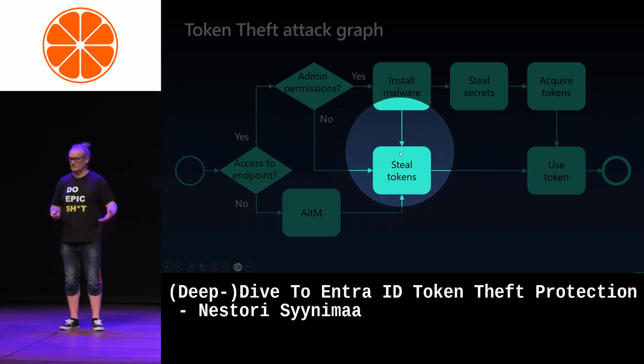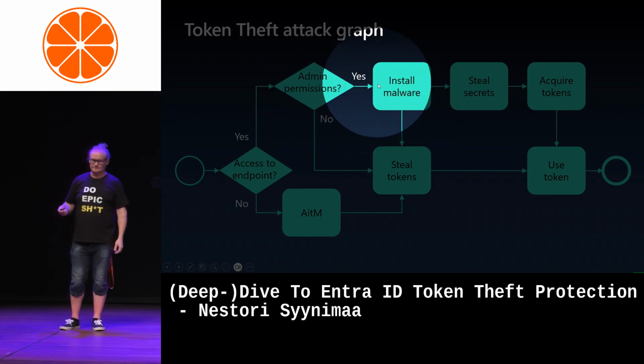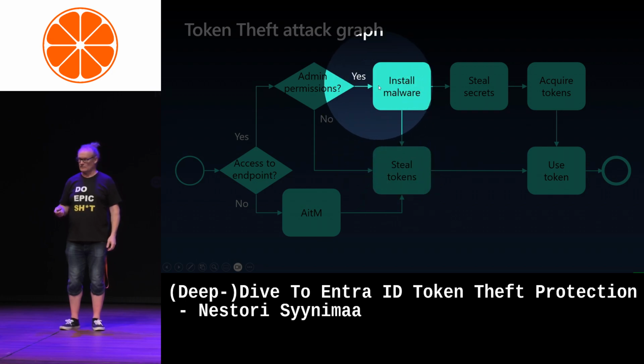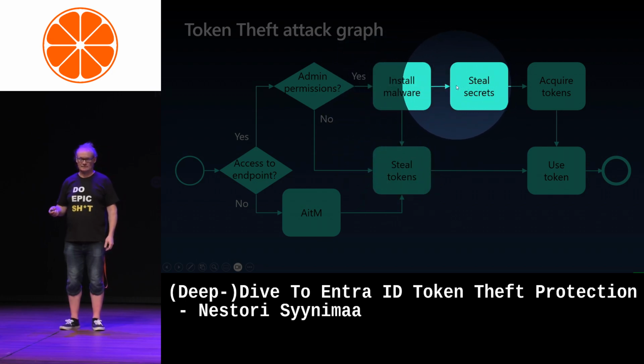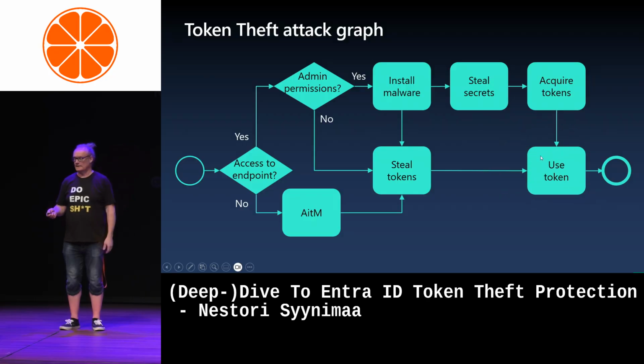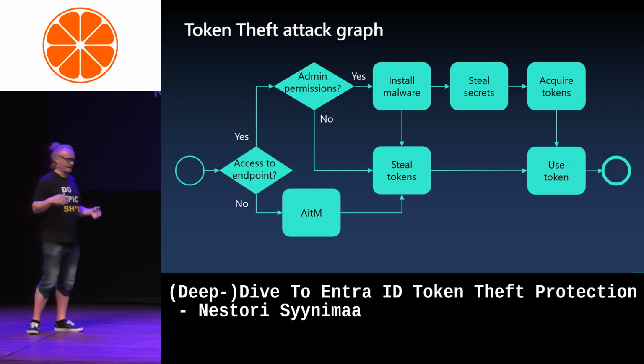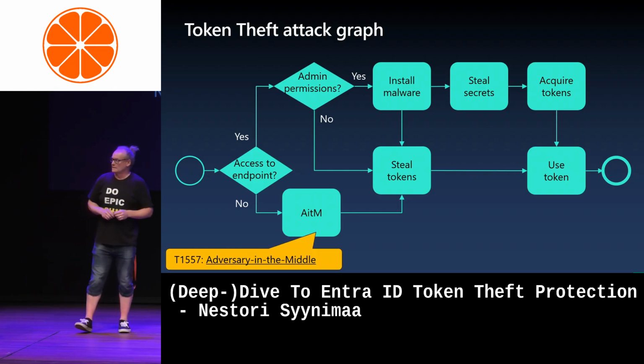If you leave your laptop open when you go to pick up a coffee, your coworker can come to your laptop, copy those tokens, and then they can be you. So don't do that. If you have admin permissions, you can install malware and again steal tokens, or in the worst case, steal secrets like the PRT and the session key. If you have those, you can then acquire tokens. You can go to Entra and ask, give me tokens, and then use those. So this is the attack graph we currently have.